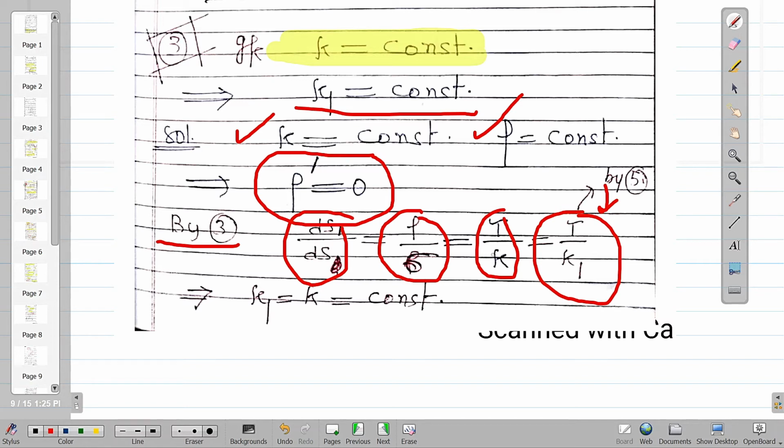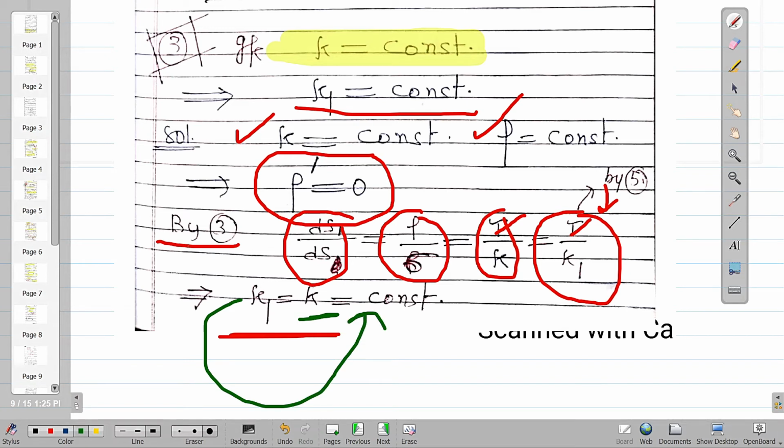This is by equation number 3, and also we know that this is equation number 5. So we get this is tau by kappa 1. So this tau and this tau cancel to each other. Then what we get? Kappa 1 is equal to kappa. And what is kappa given? This is constant. If this is constant, so this is again a constant.